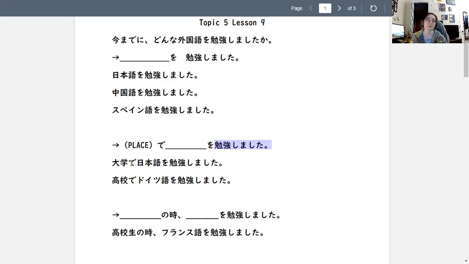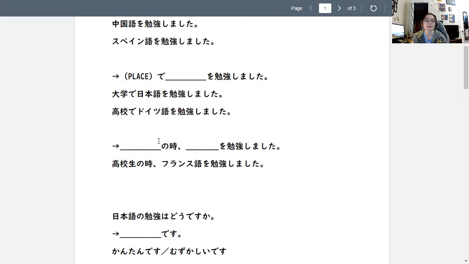So 大学で日本語を勉強しました. So at university, you studied Japanese. And then you could also say 高校, so high school, でドイツ語, which is German, を勉強しました. So you studied German in high school. And this next one is blank no toki, blank o benkyou shimashita.